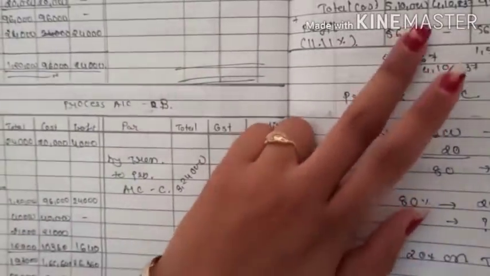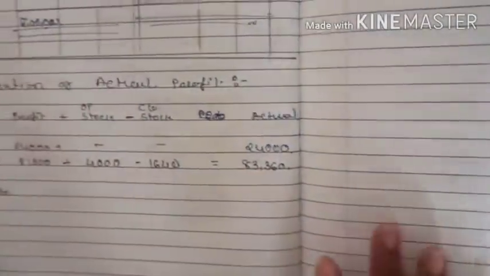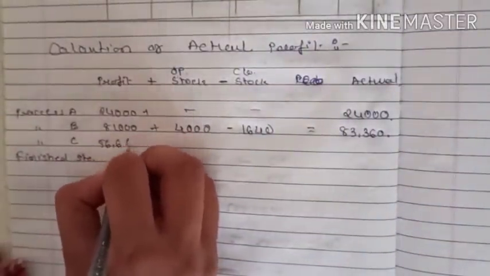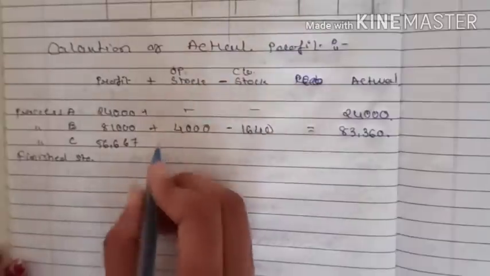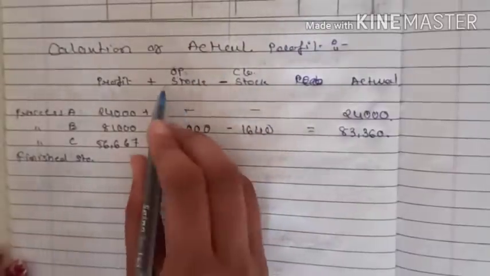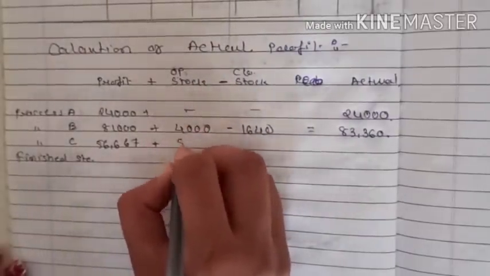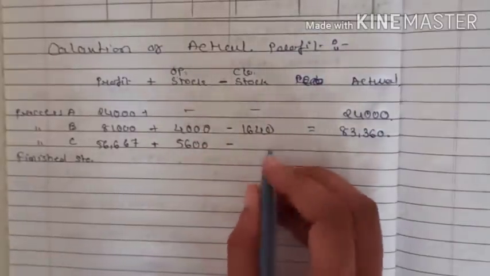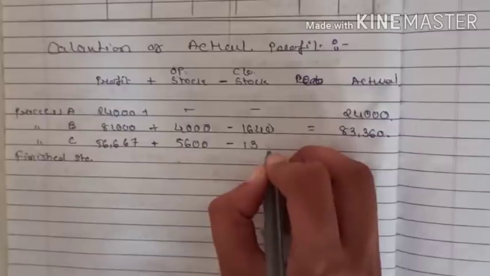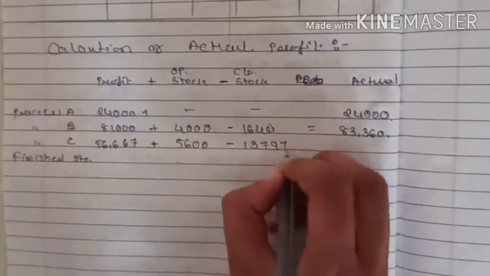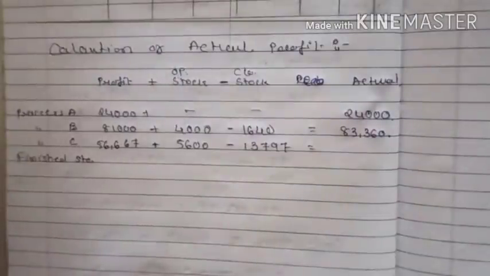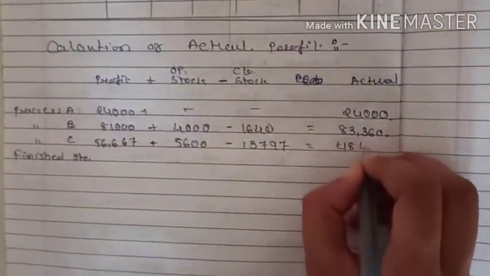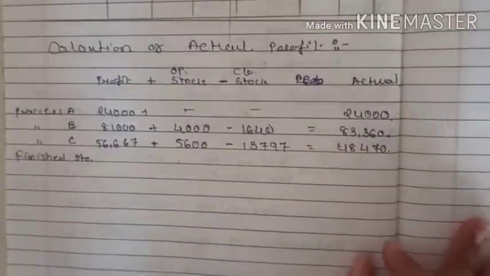Right? For the process C account, actual profit is 56,667. For the opening stock profit is 5,600, minus closing stock profit 13,797. Actual will be 48,470.